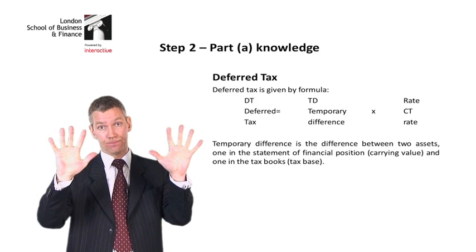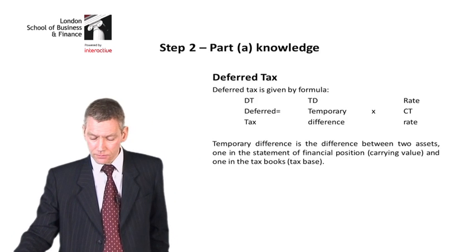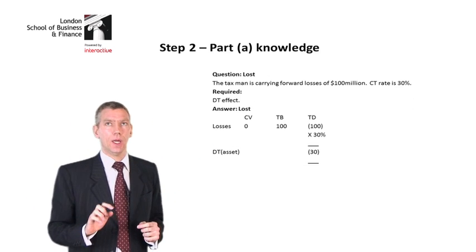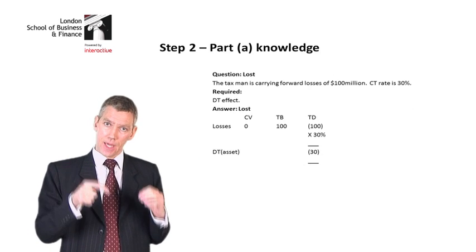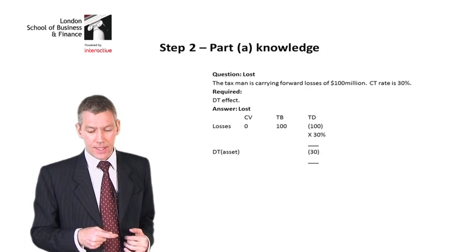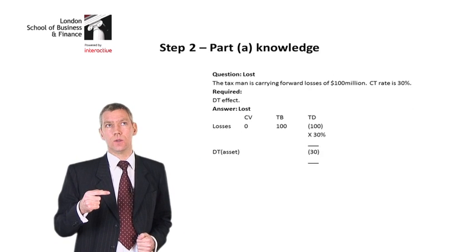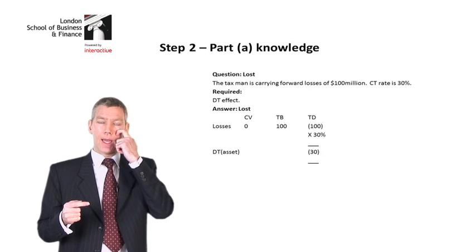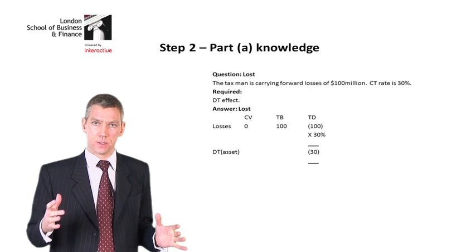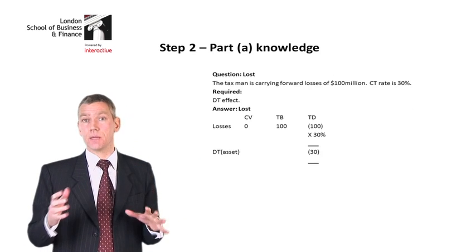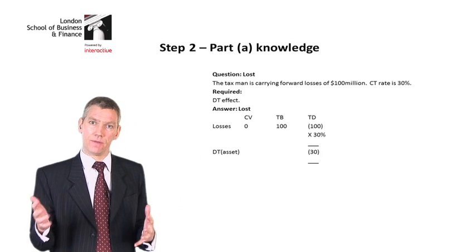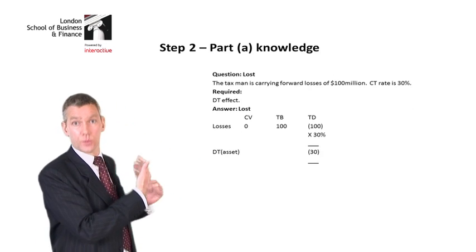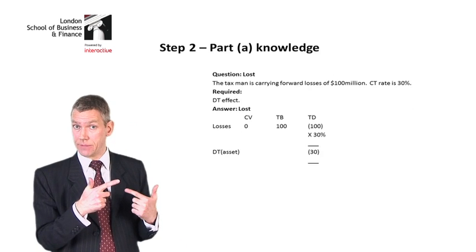So what? Well, the specific application of deferred tax in the context of Kate Part A is related to deferred tax and losses. Now, it's a highly mathematical subject, deferred tax, so to illustrate what happens when you have losses, I've got a little question with some numbers so you can hopefully get your head around this.